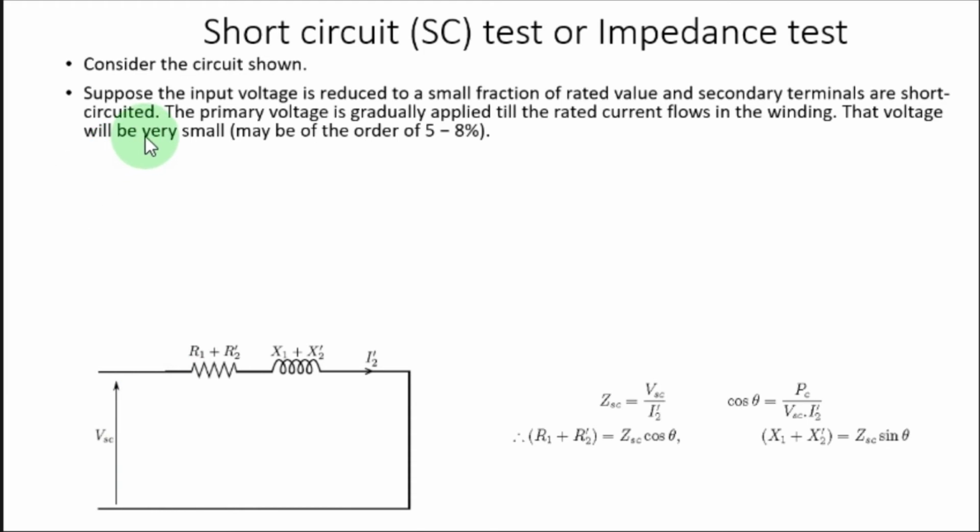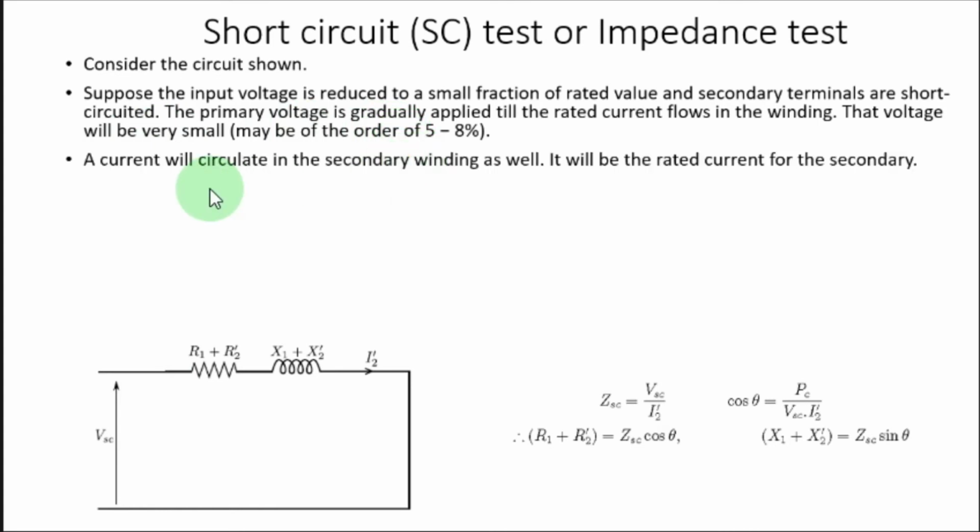That voltage will be very small because the secondary is short circuited now, maybe of the order of 5 to 8% of the rated voltage. A current will circulate in the secondary winding as well. Due to this, there will be a current going on the secondary, since it is short circuited. It will be the rated current for the secondary, because the primary is carrying rated current.